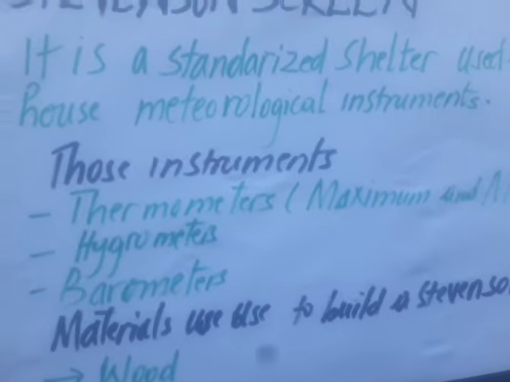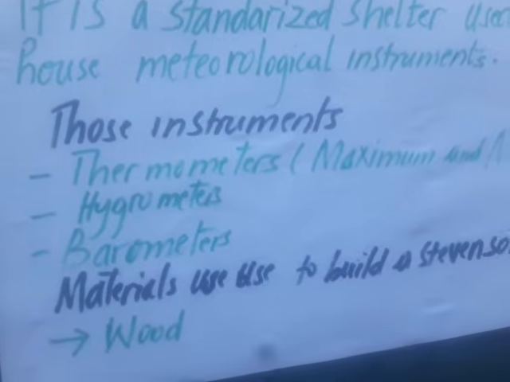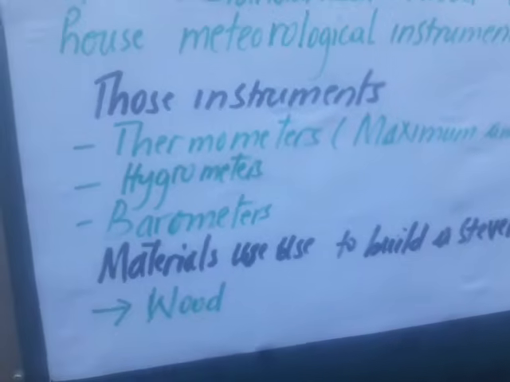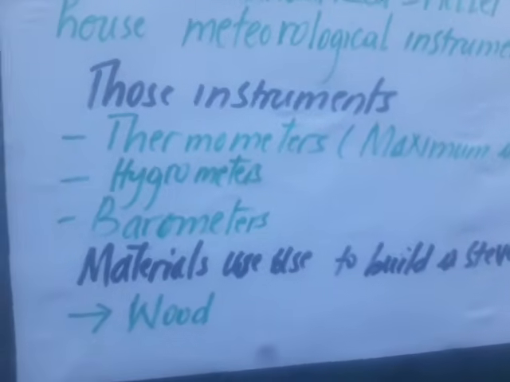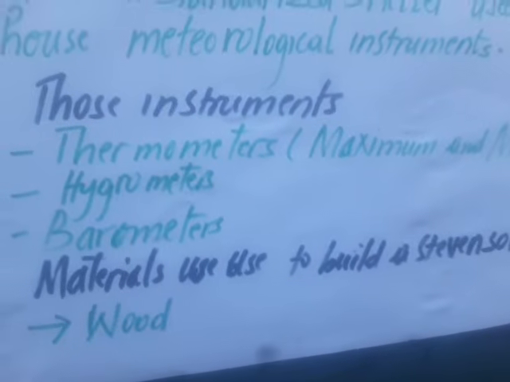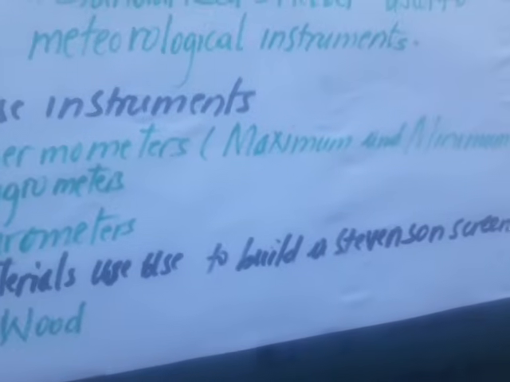So normally we have three main instruments that are kept in a Stevenson screen. We have a thermometer, and remember that a thermometer is used to measure temperature. We have thermometers that include maximum and minimum.